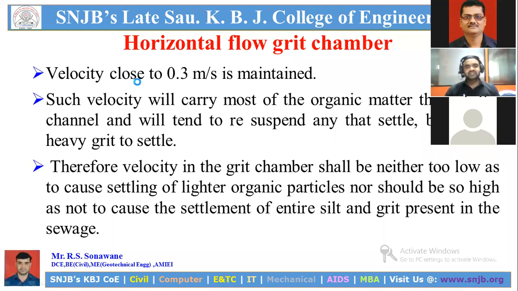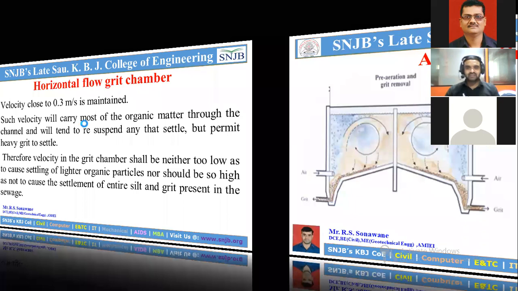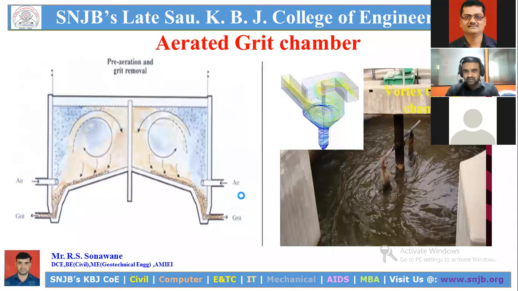So this is the second type, that is the aerated grit chamber. You can see two pictures here. First we will discuss this one, the vortex type of grit chamber, that is the aerated grit chamber. In this grit chamber, there is a rotating arm provided with the sewage that continuously rotates the water, and after a certain interval it stops rotating, and the materials present in the sewage settle down automatically in this chamber.